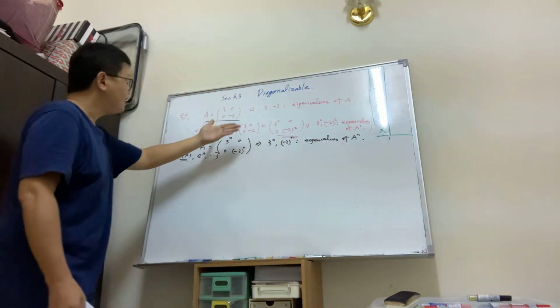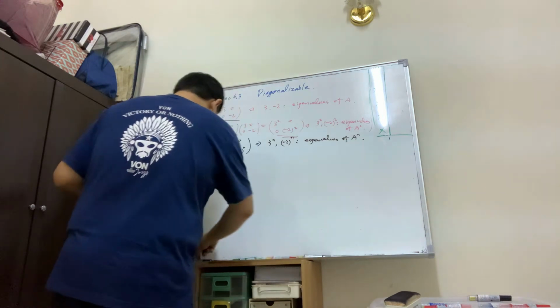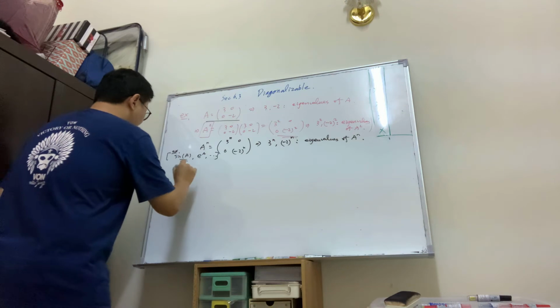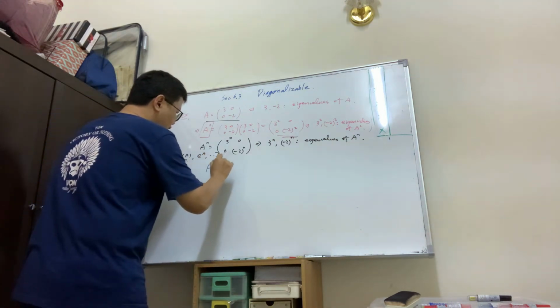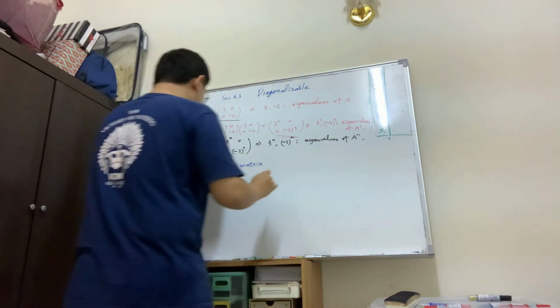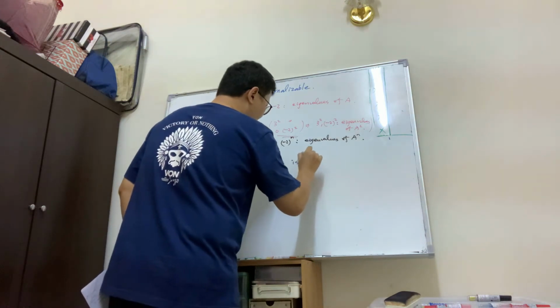What does it mean? Of course we should give you the definition and an example. Here A is an n by n matrix, and we say A is diagonalizable.